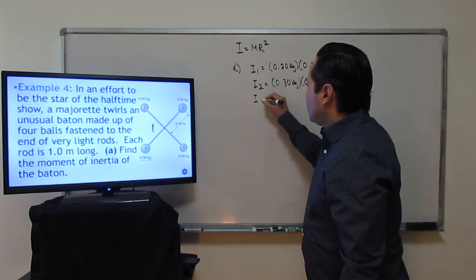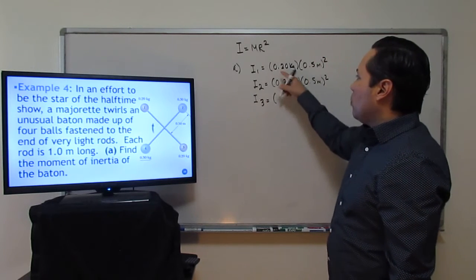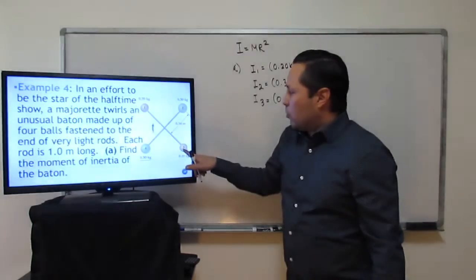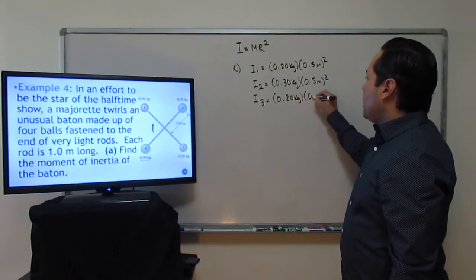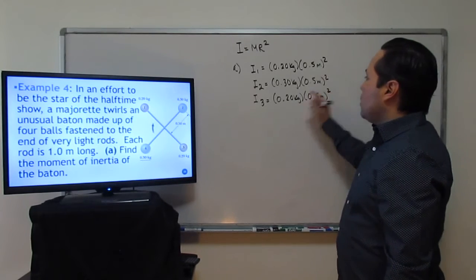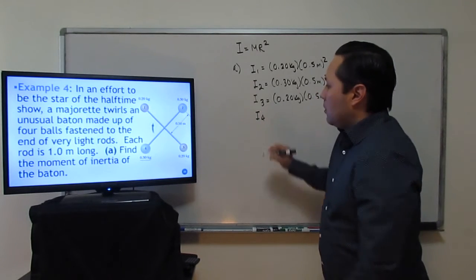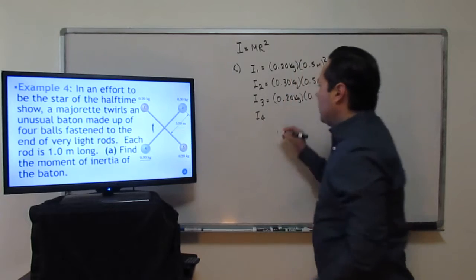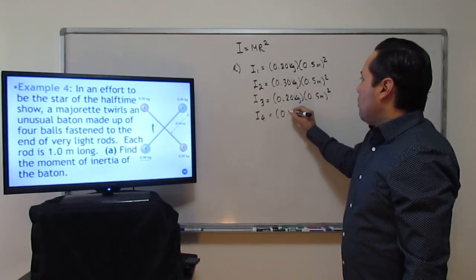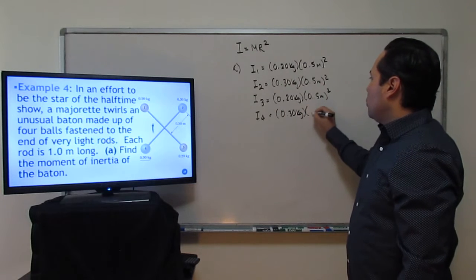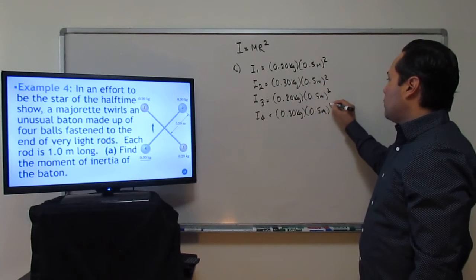Number 3 is going to look identical to number 1, since number 1 and number 3 are the same mass, 0.2 kilograms, and the same distance. And finally, number 4, which is right here, the blue sphere right there, it's going to be the same as number 2. They match each other. So it's going to be 0.3 kilograms multiplied times the same distance of 0.5 squared.